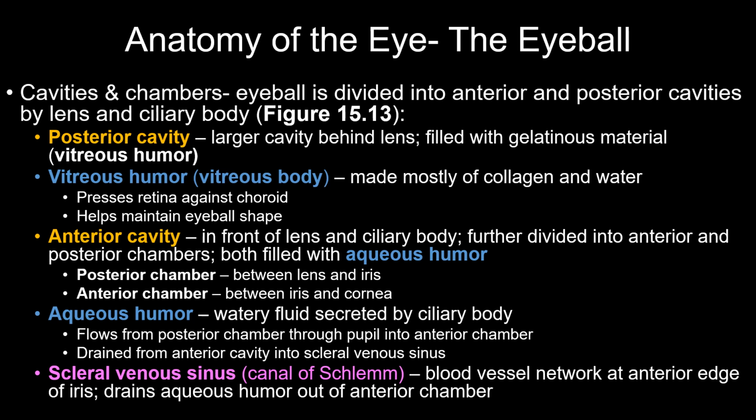And this jelly fluid is actually the source of some of those floaters, if you've ever experienced one of those. What this actually is, is cellular debris trapped in the vitreous humor that casts a shadow onto your retina. Floaters increase with age, but that's just because the vitreous humor tends to shrink and is not replaced.